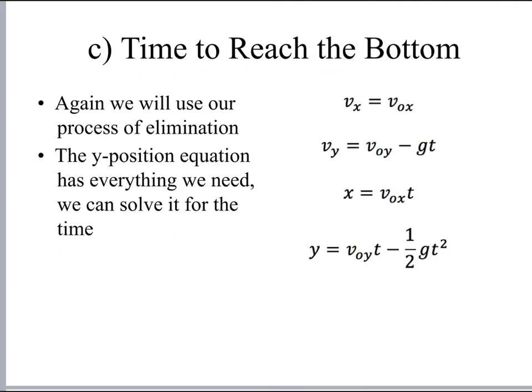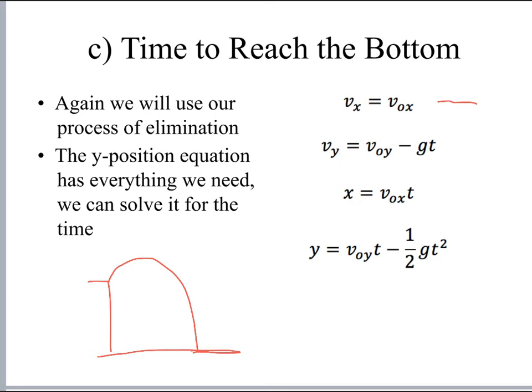Now, the next part of the problem, part C, was to calculate the time it takes to reach the bottom of the cliff below. So we have our cliff here, and this projectile is launched up, and it's going to reach the bottom below, and we want to find out how long it takes to reach that. So we can just start picking our equations, and we'll use the process of elimination.